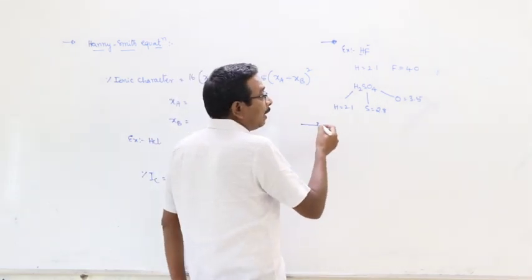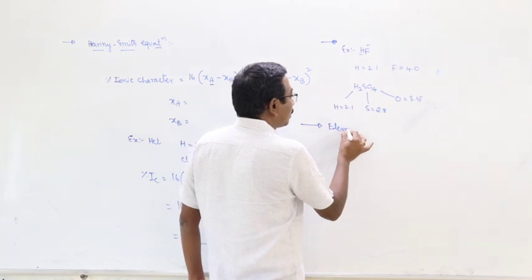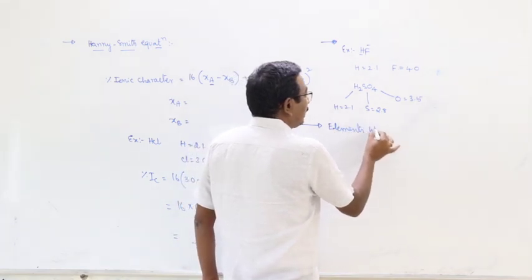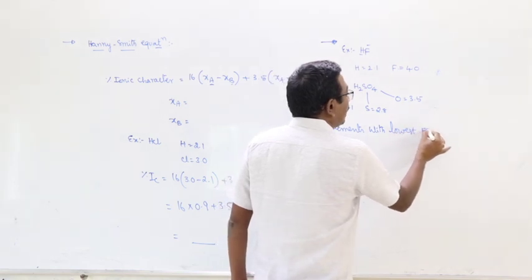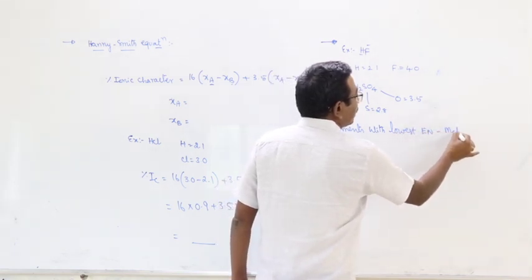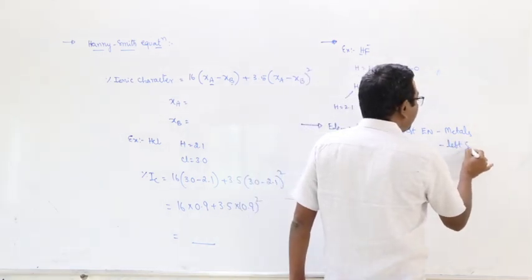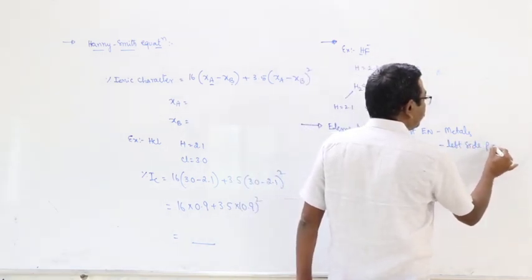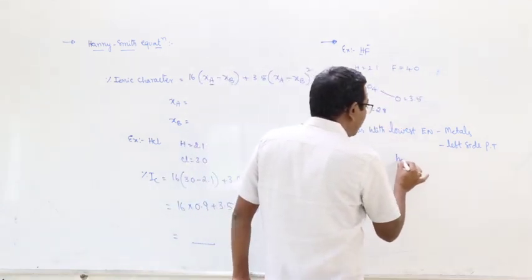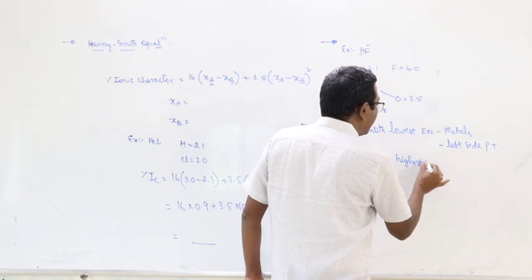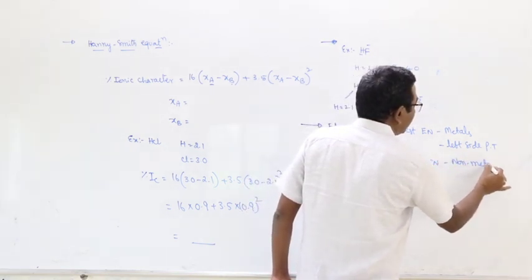How can you divide the elements? The elements with the lowest electronegativities are metals. They are present on the left side of the periodic table. And the elements with the highest electronegativities are non-metals.